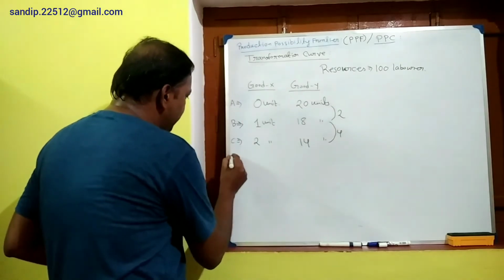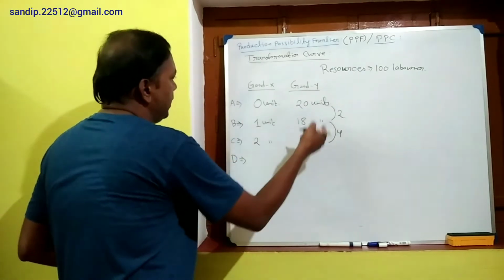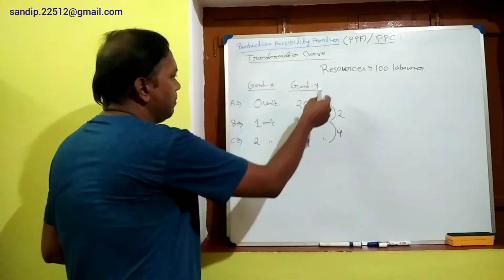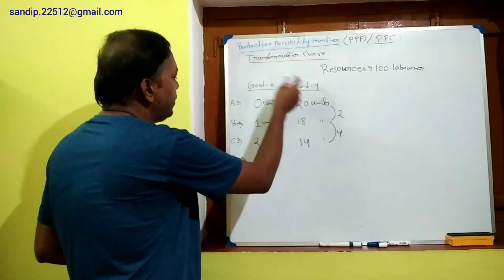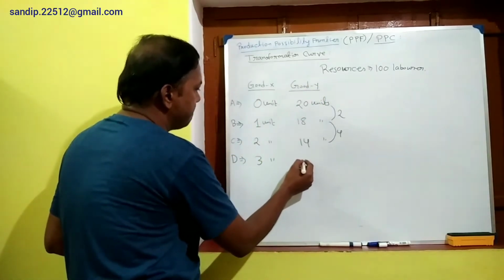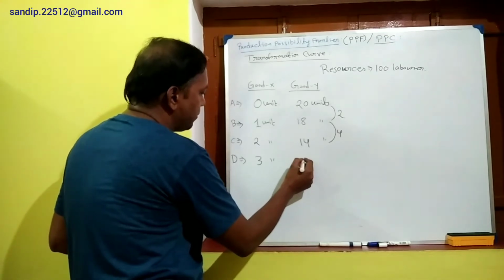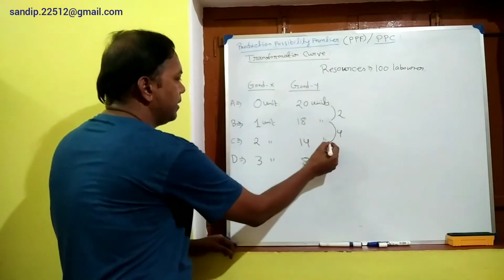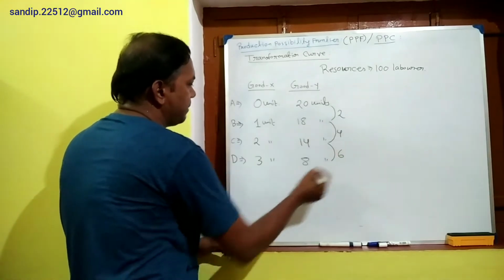So let there be another combination D. Suppose again the producer transfers some workers from Y to X, so its production becomes 3 units and production of Y becomes, suppose, 8 units. So here production of good Y has decreased by 6 units.